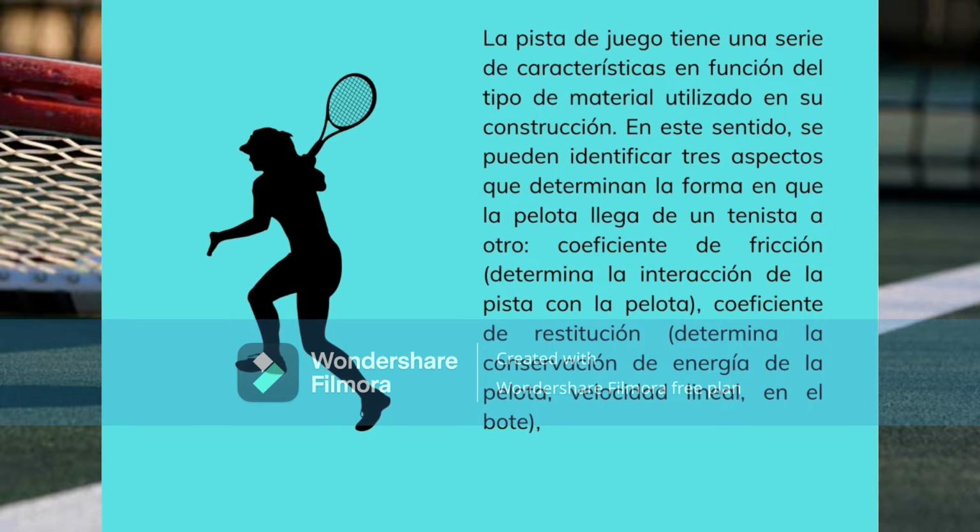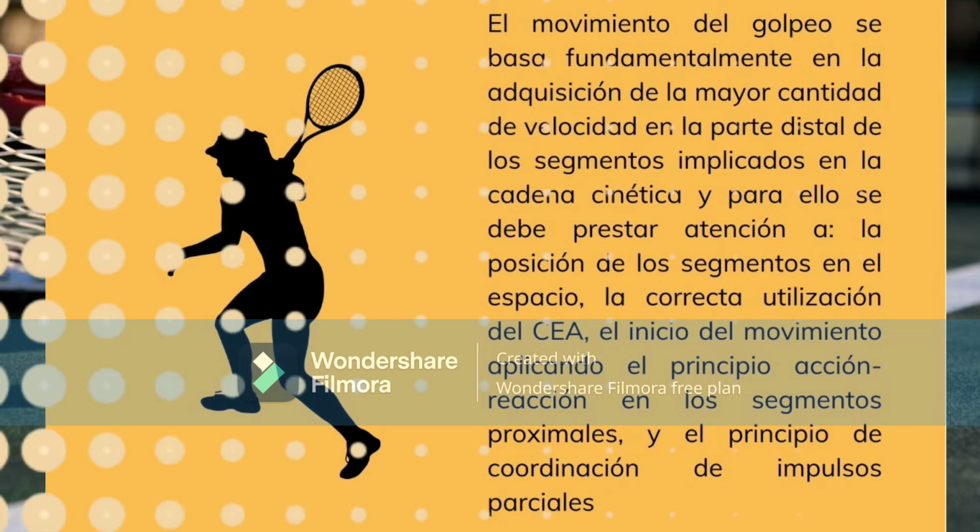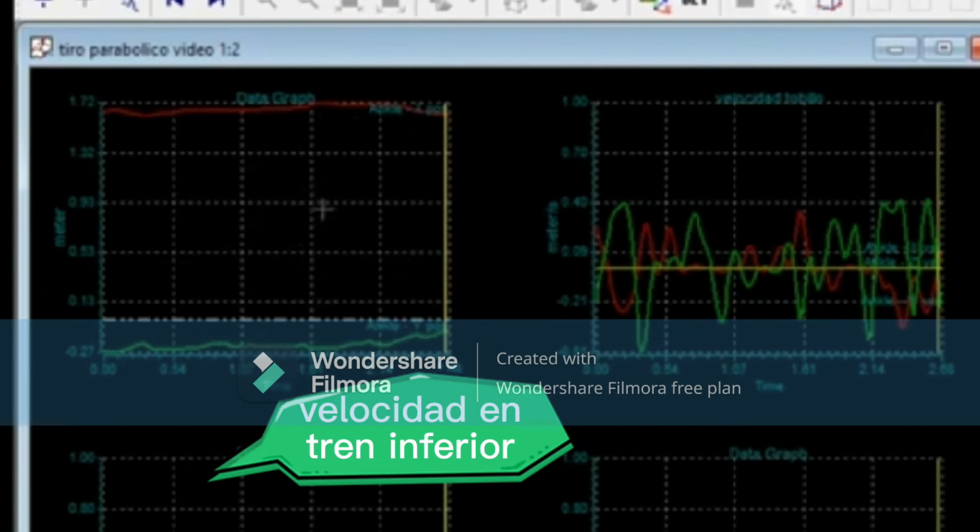In this sense, three aspects can be identified that determine how the ball bounces: the friction coefficient, which determines the interaction with the surface, and the restitution coefficient, which determines the conservation of the energy of the ball and the linear velocity of the rebound.